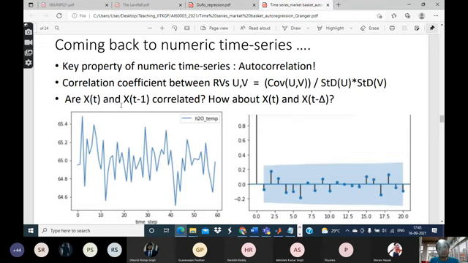Or instead of focusing on consecutive time points, I may also be concerned with the correlation at a distance. Consider a distance of delta, say delta equal to 10 time points. Can we say that x_25 and x_35 are related?